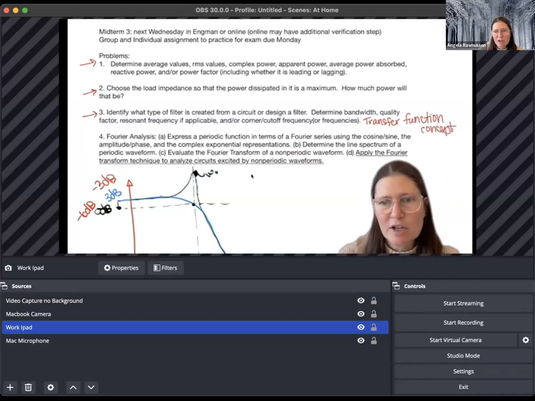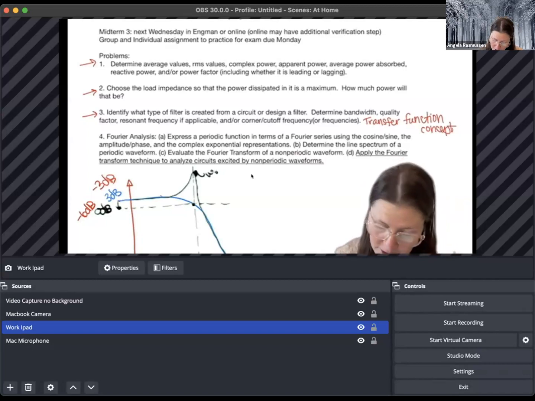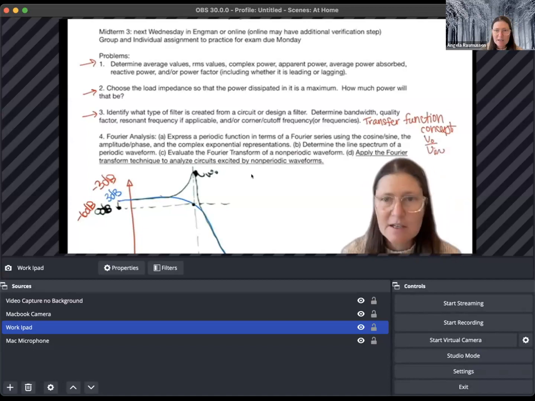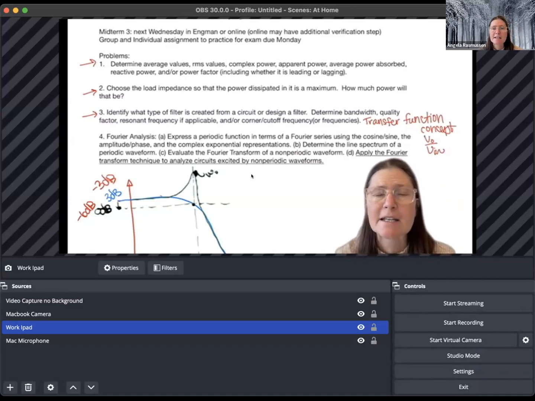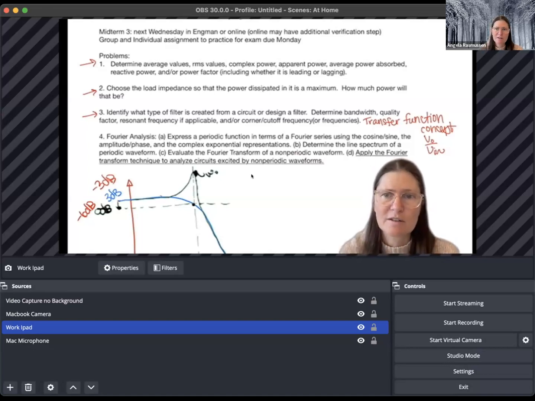So yes, the transfer function concept of V out over V in. We've done it all the time. That's basically what we're doing, but we usually have specified what our V in is. The difference now, looking at filter designs and some other circuitry, is that V in is not defined. You're using it as a variable. That's the difference we've moved to and why we call it a transfer function when V in is a generic V in instead of one specific input.